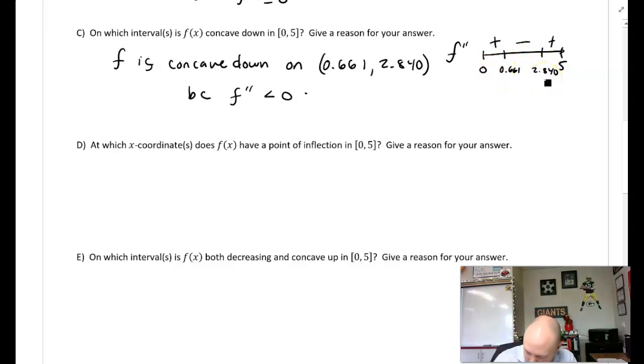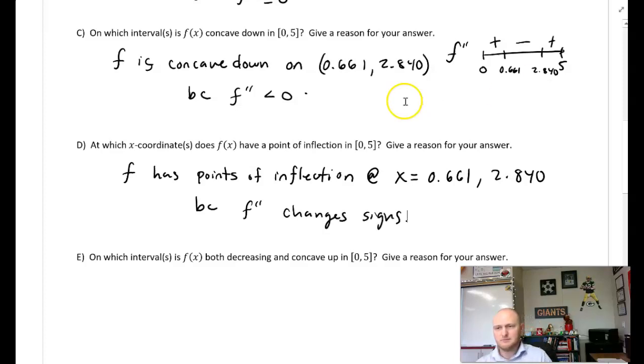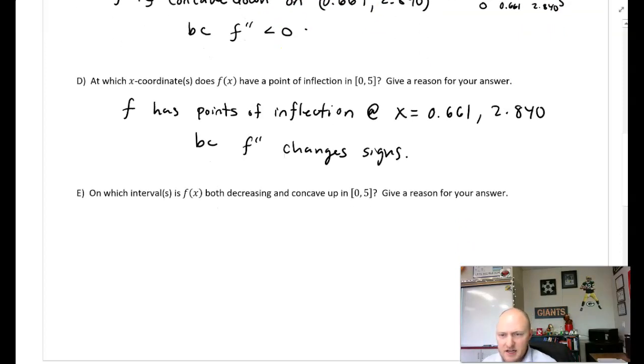So we can say f has points of inflection at x equals 0.661, comma, 2.840 because f double prime changes signs. Awesome. Very, very straightforward.